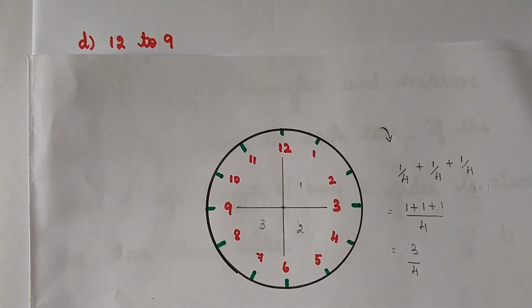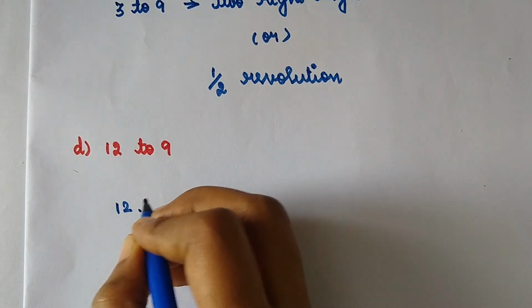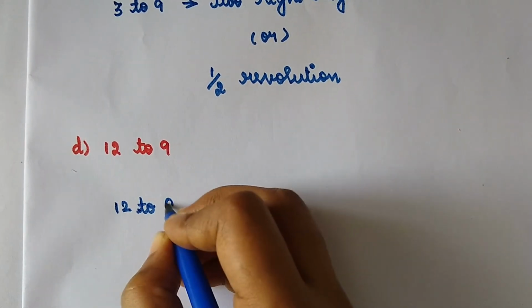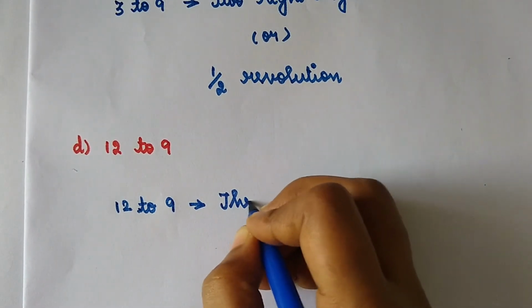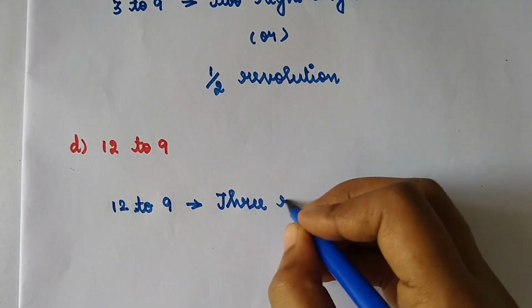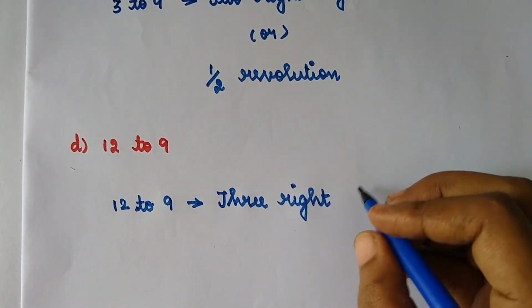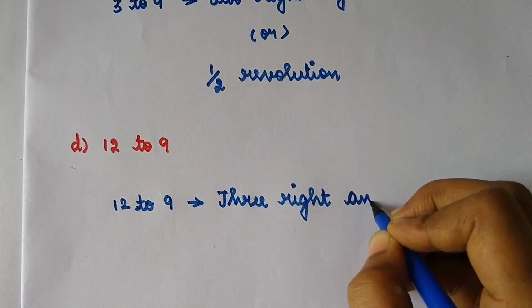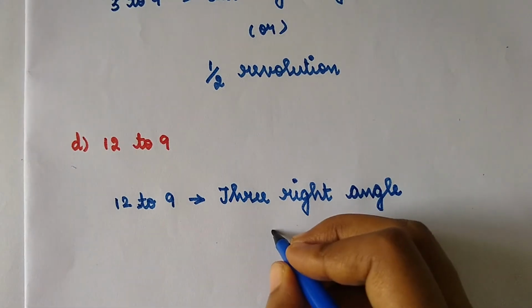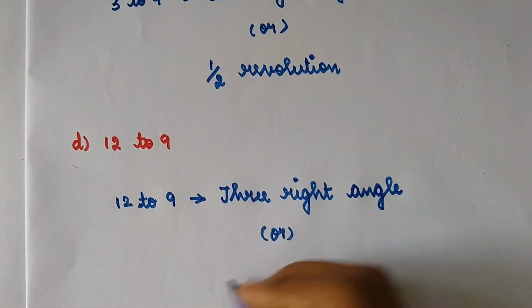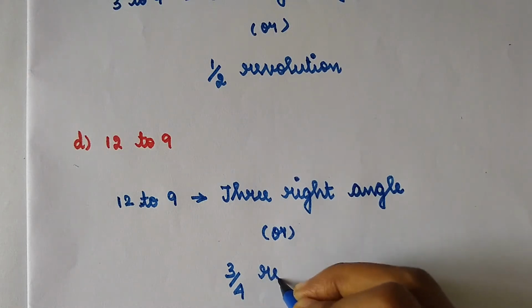So 12 to 9 means we got 3 right angles: 12 to 3, then 3 to 6 and 6 to 9. Or we can say 3/4 revolution. Both are the same.